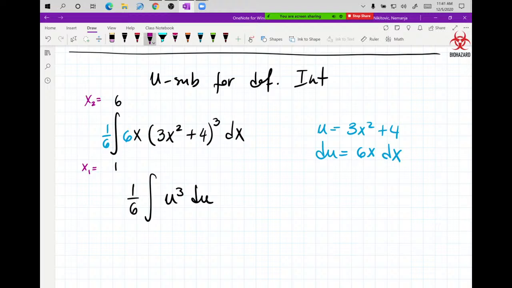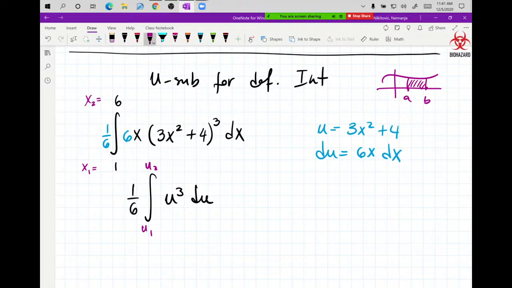How? Well, aren't those a and b, when you have a function and you're looking for the area under the curve? Those are 2 x values. And now, when I'm shifting to the u domain, it becomes u1 and u2.